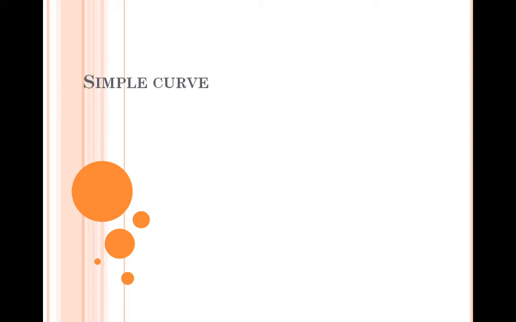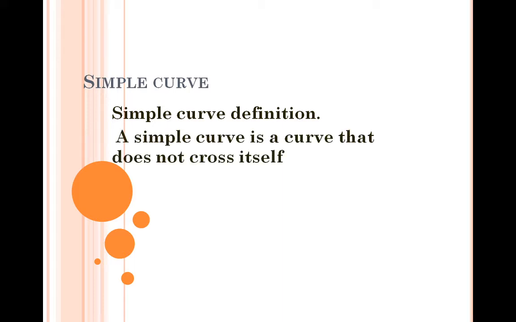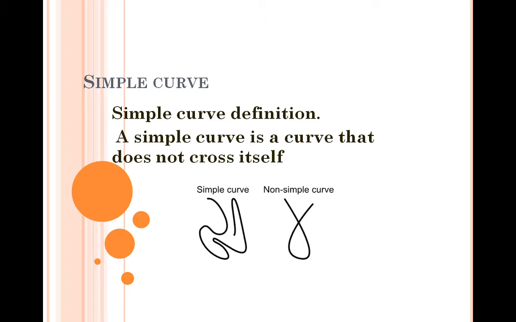Now there are two types of curves. Simple curve. Now here we will see the definition of a simple curve. A simple curve is a curve that does not cross itself. You can see these two diagrams, and with the help of them, you will be able to recognize a simple curve and a non-simple curve.